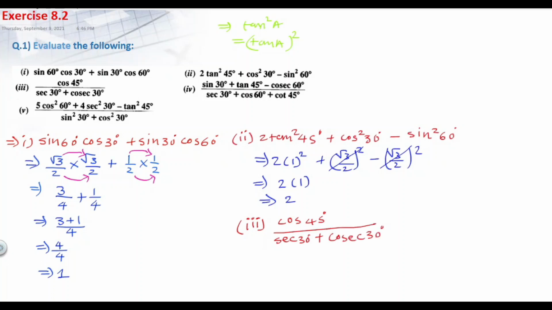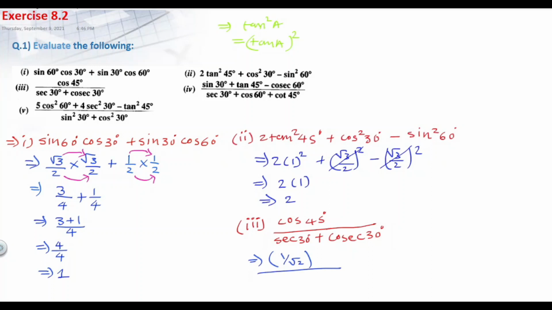Now we have to solve this, and we already know the values of cos 45, sec 30 degree and cosec 30 degree. Cos 45 degree is 1 upon root 2, divided by sec 30 degree.